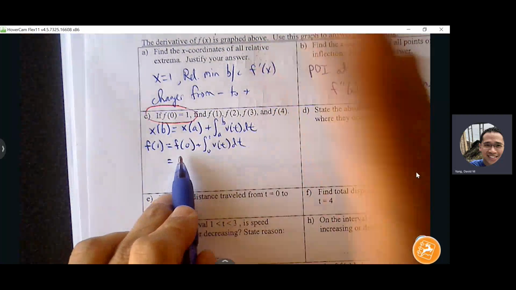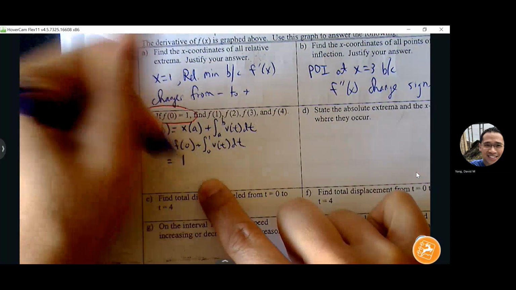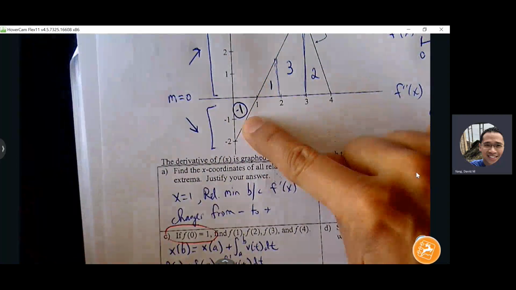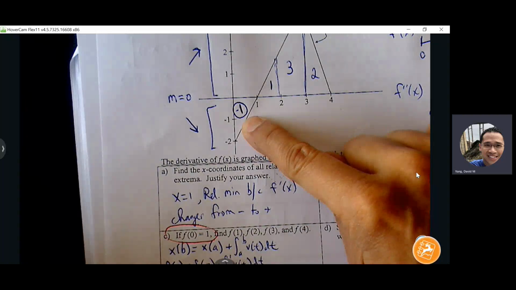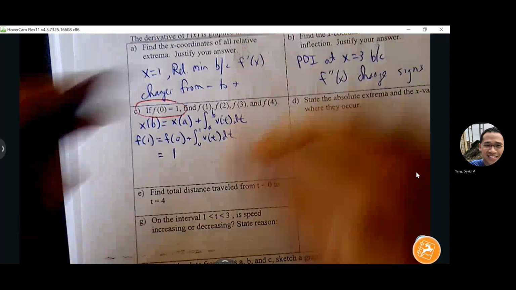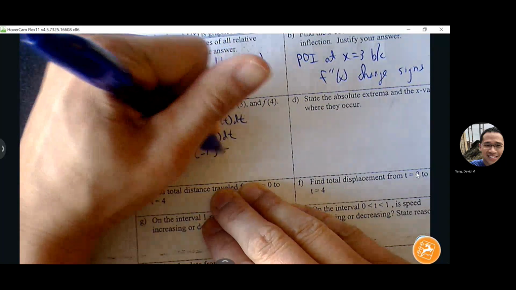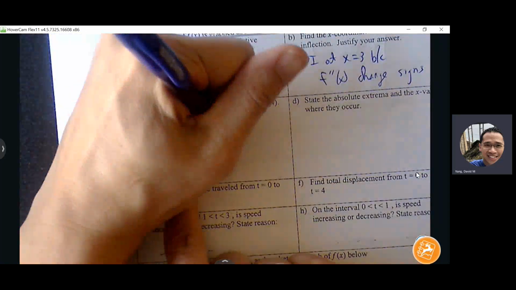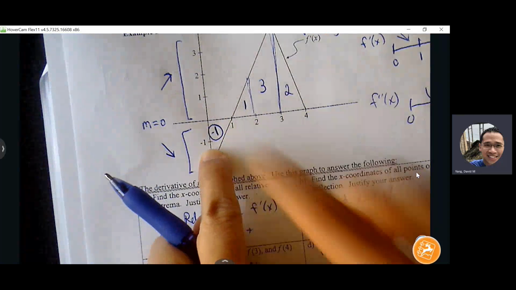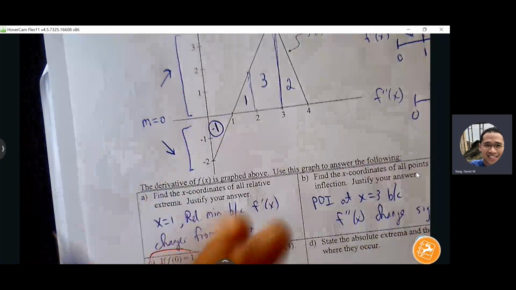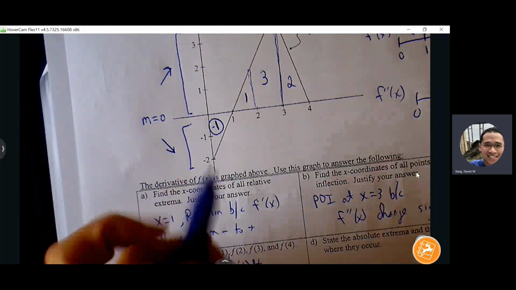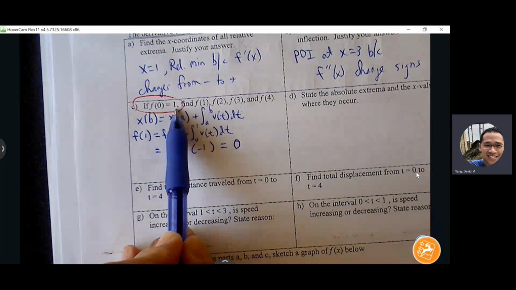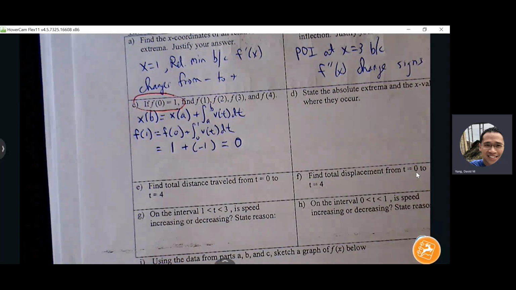So if I'm starting at location 1, and in that interval I move backwards 1 unit, where am I going to end up on the number line? Zero, right? So this doesn't tell me where I end up. This just tells me which direction this object is traveling in that moment in time. So between 0 and 1, he's moving backwards. We're told that he's starting at location 1 and he's moving backwards. So he ends up at 0.